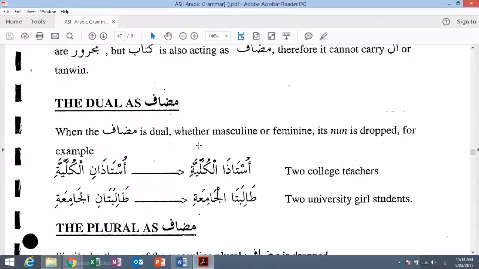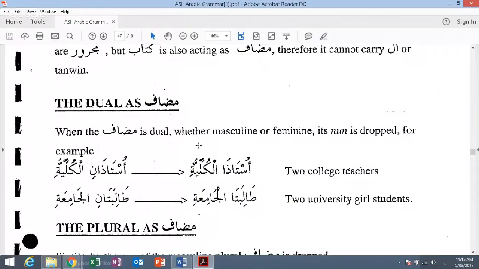So now when you are ascribing tasniya, let's say rajulani or baitani or anything, that's tasniya, rafi case or nasbi jarri case, when you ascribe, what will happen? The noon of tasniya will be dropped as well as the noon of jama salim.